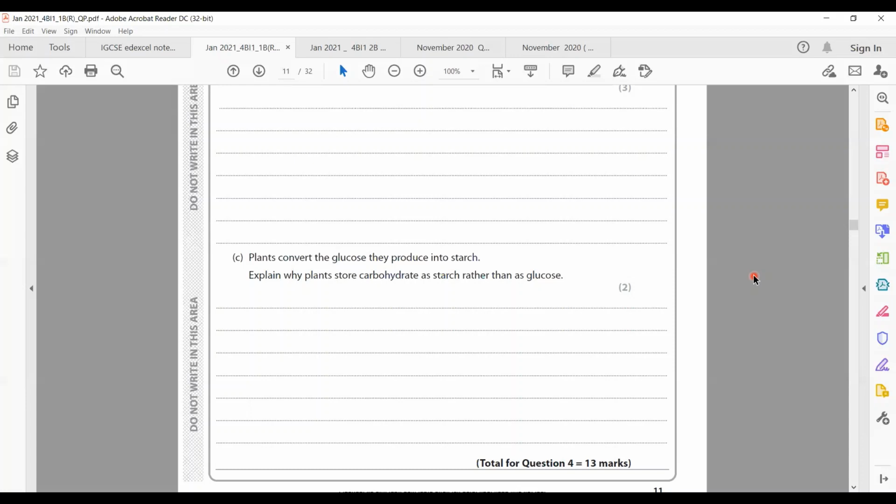Because glucose is soluble in water. Okay. And if it's stored in plant cells, it's gonna affect the way the water moves in and out of cells. Yes, yes, of course. ممكن أقولها كمان على الستارch.